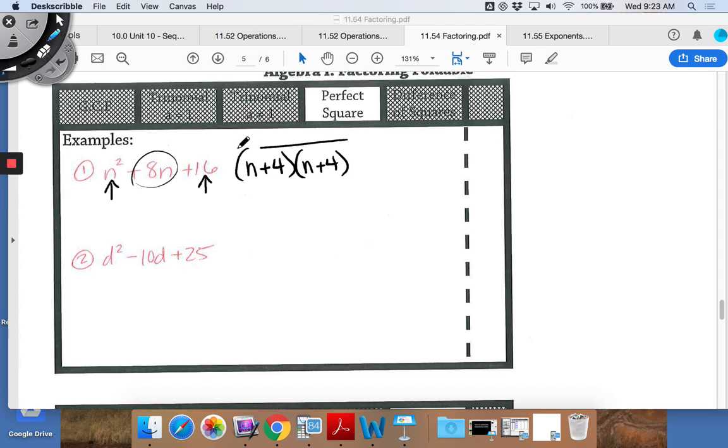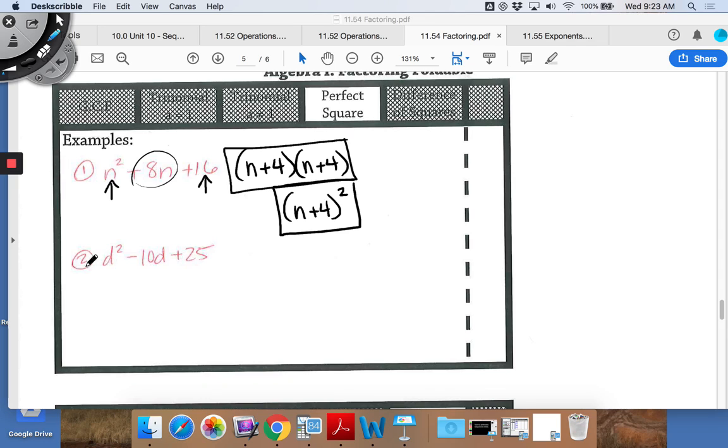You could write it like this, but more than likely on the EOC, that's not going to be how the answer looks. It's going to look like this, because they're going to expect you to know that squaring means something times exactly itself. So that might be what the answer choice looks like.